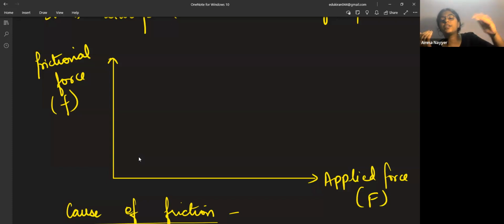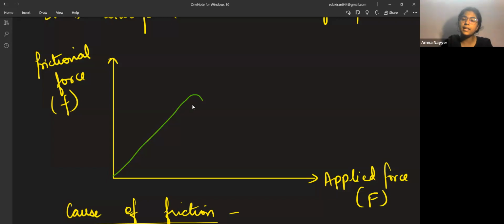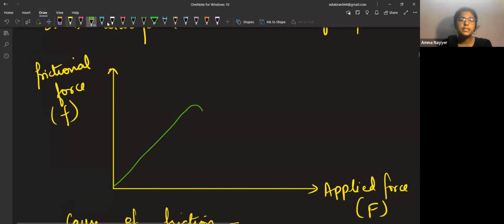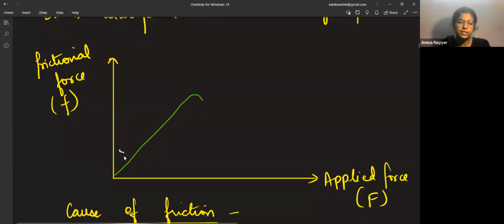Then again you increase the applied force, and again the frictional force increases. The graph is constantly increasing. This region is known as the static friction.